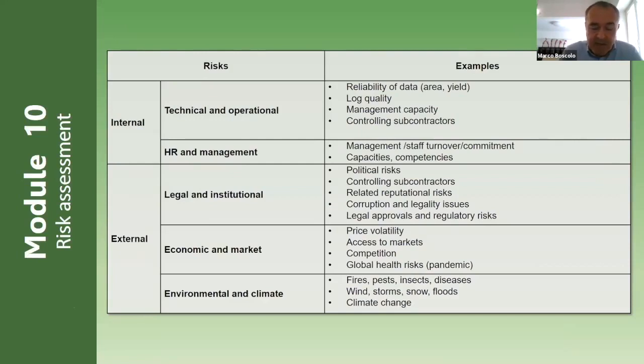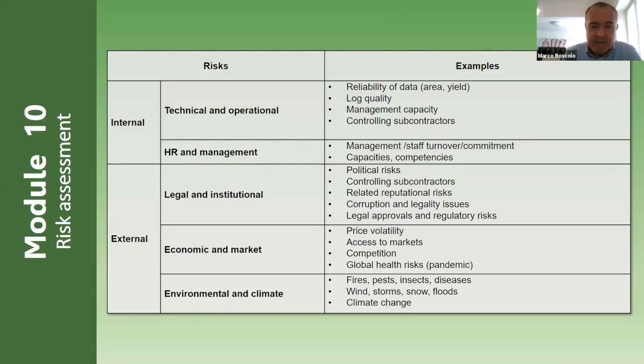There might be legal and institutional issues like political risk. There might be economic and market risk like price volatility. There might be environmental and climate risk like fires, diseases, storms. There might be a pandemic. There might be social risks like conflict.